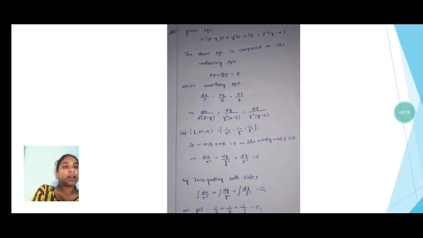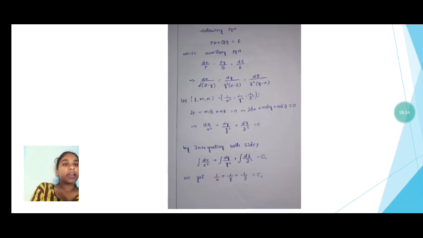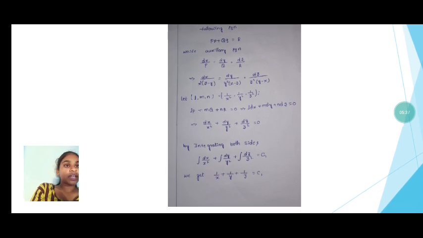Substitute the P values in the equation: dx/(x²(z − y)) = dy/(y²(x − z)) = dz/(z²(y − x)). Let l, m, n equal 1/x², 1/y², 1/z². lP + mQ + nR = 0.